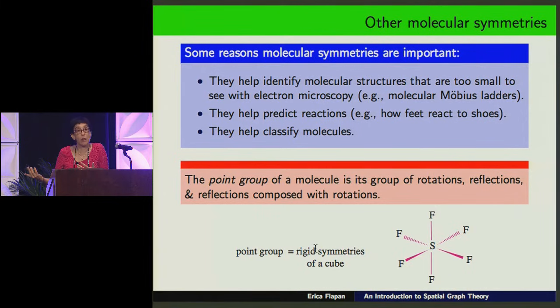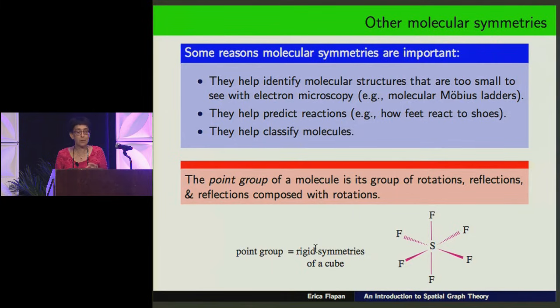So for example, we saw that with the molecular Möbius ladder. Knowing that it was different from its mirror image helps us identify it when we can't see it. So that's a reason that they care about symmetries in general, and knowing that it had an order 6 symmetry told us also that it was flexible. So we learned from the symmetries.